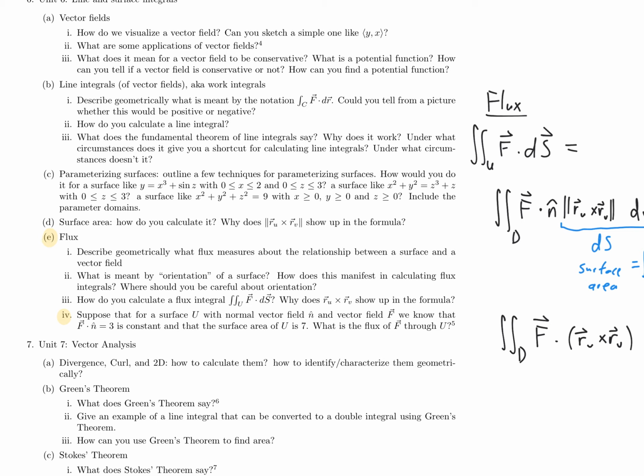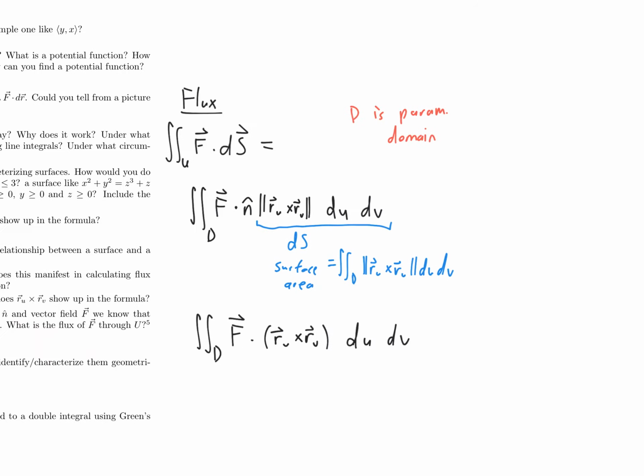If I know that F dot n is 3, it's constant, and the surface area of U is 7, let's try using the first formula to answer that question. So in that situation, I'd be saying, okay, F dot n times r_u cross r_v du dv.